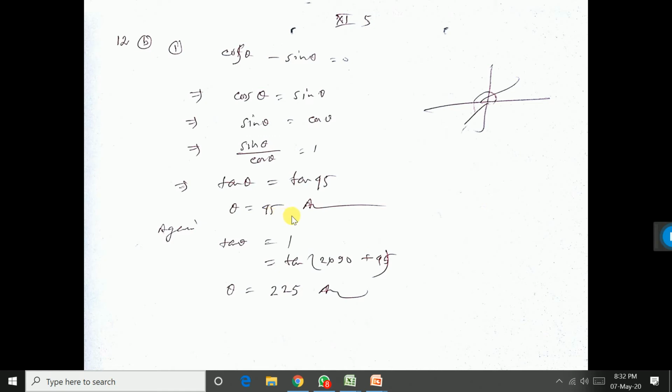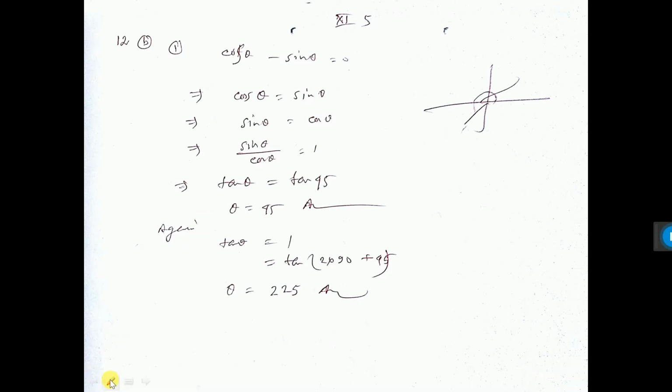You have learned this up to class 9. But if you stop here, the sum will be wrong, because we have learnt that not only the first quadrant, other quadrants may also have values.